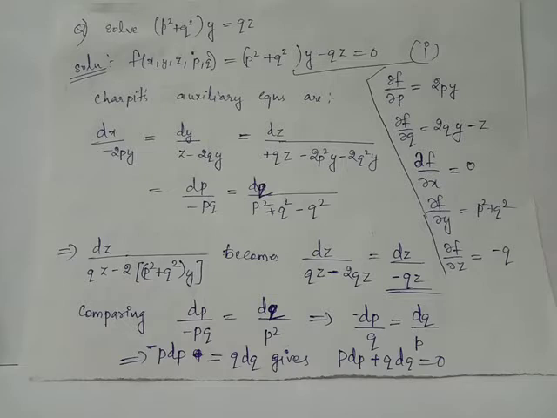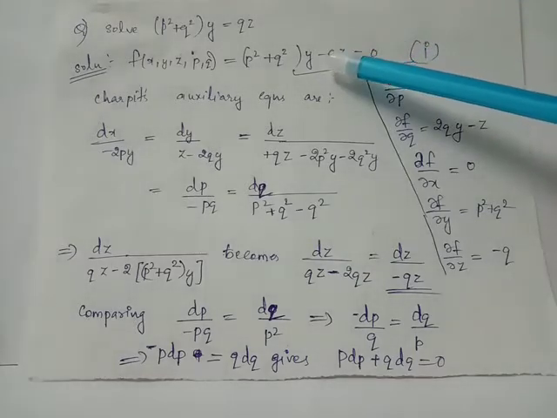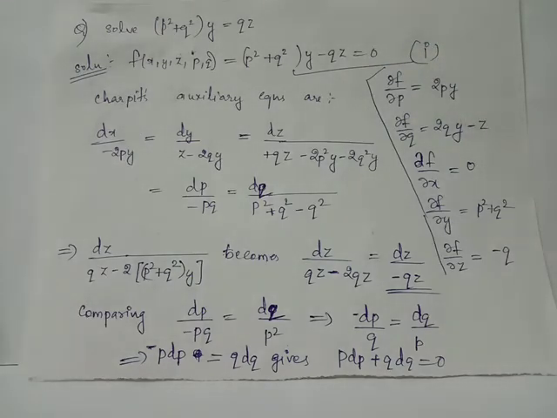We have dou f by dou x equals 0 because there are no terms containing x in this equation. Dou f by dou y equals p square plus q square, taking derivative of term p square plus q square into y with respect to y. We have dou f by dou z equals minus q, taking derivative of term minus qz with respect to z.